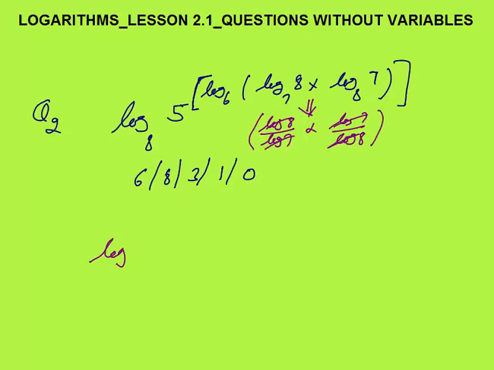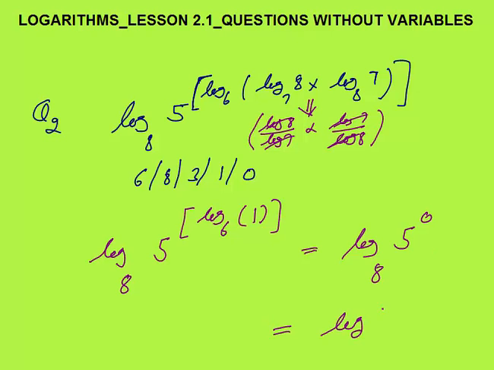So how will the question be left? This is base 8, 5 power log to the base 6. This will become 1. Now you know that log 1 to any base is 0. So this will become log to the base 8 of 5 raised to the power 0. Now 5 power 0 is how much? Anything raised to the power 0 is 1.